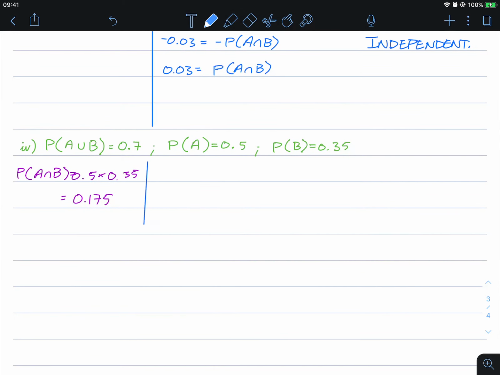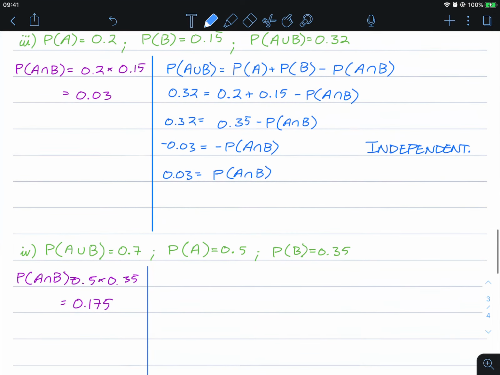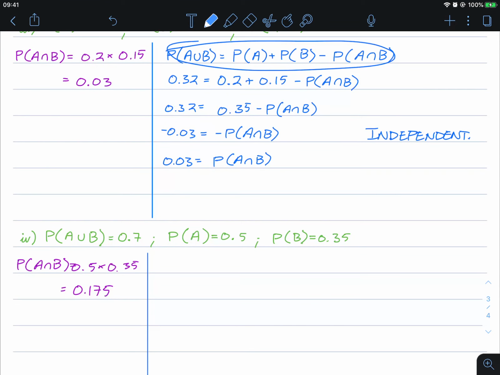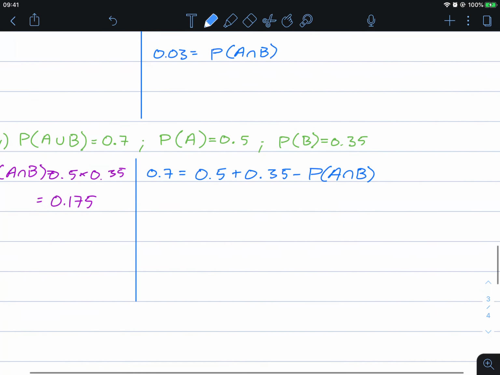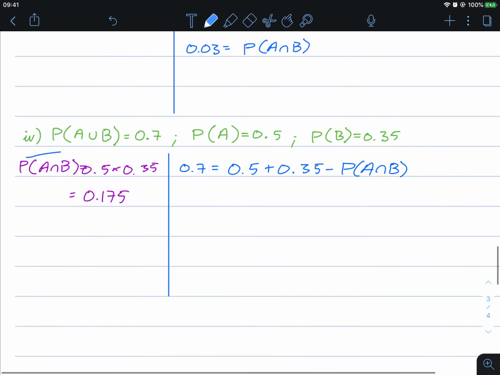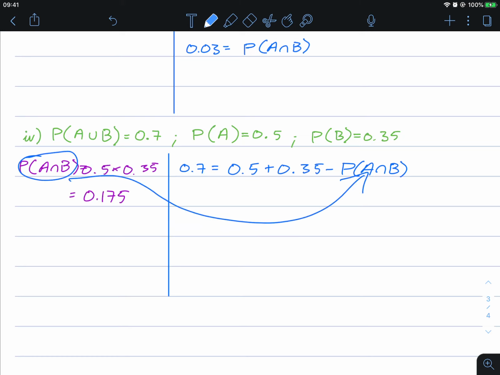Again, let's utilize what we have using the sum of probability rules. I'm going to substitute straight away. So 0.7 is equal to the probability of A plus the probability of B minus the probability of A intersect B. Once again, we can't use this one here because this is the ideal situation.